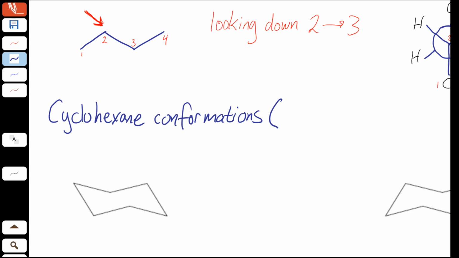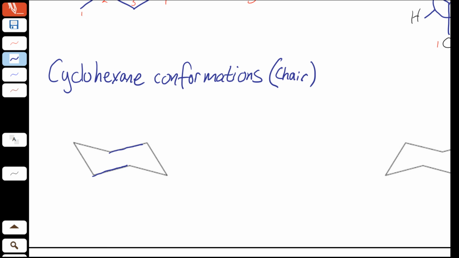I don't know where that word comes from, but they are called chair conformations. Everybody has their own method of how they like to draw them. As long as you get something that looks like that, or similar, you're good. What the book suggests is that you draw the two parallel lines in the middle first.